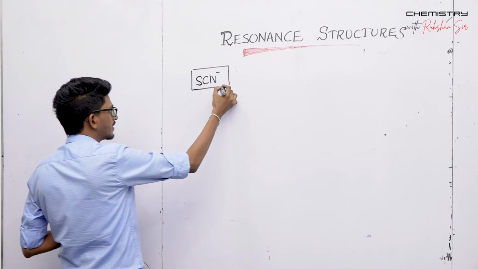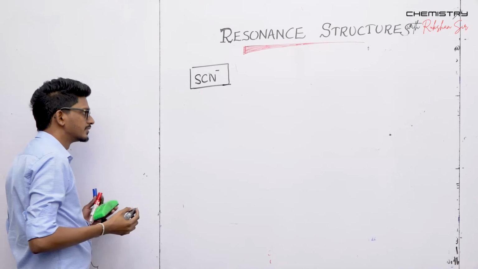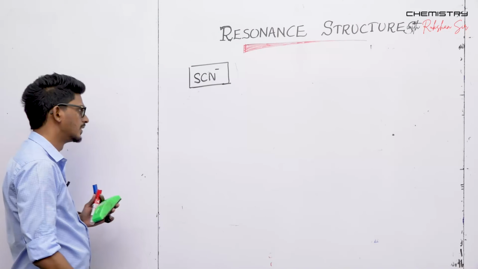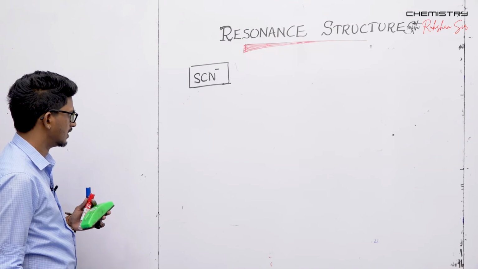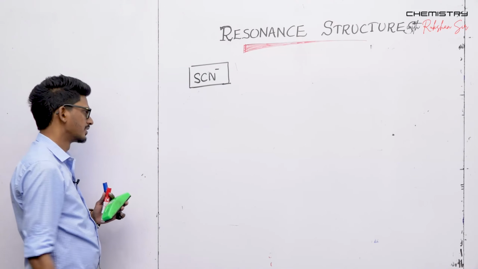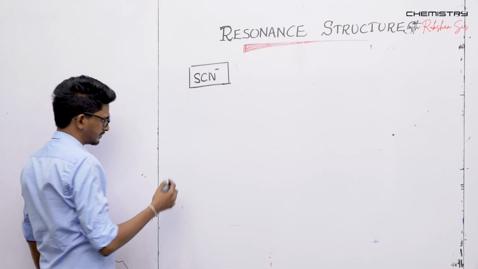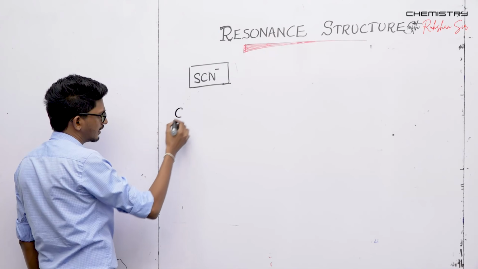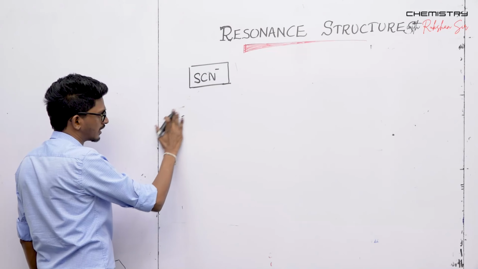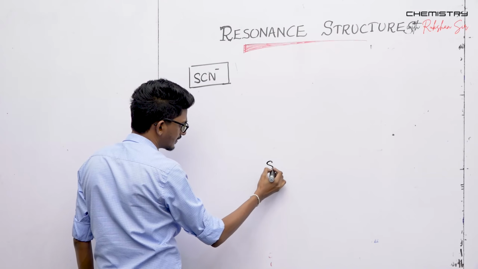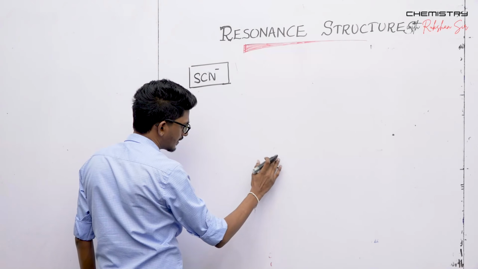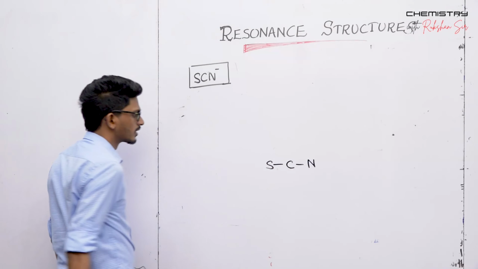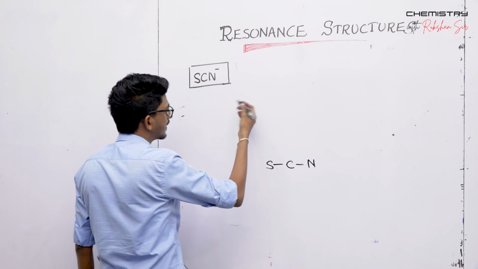Your central atom is carbon, the least electronegative atom: carbon is 2.5, sulfur is 2.6. So the carbon is the central atom. First do the electron count for SCN minus, with carbon as the central atom.